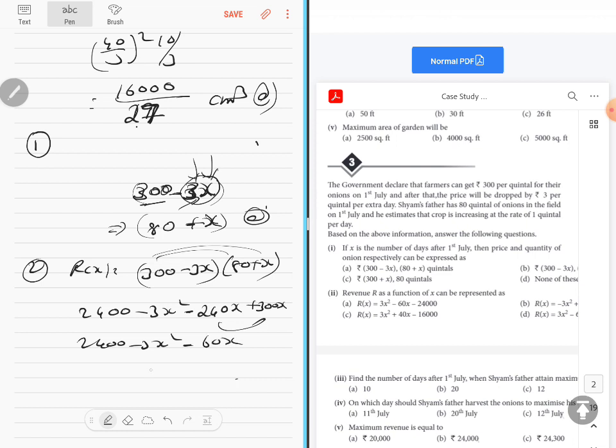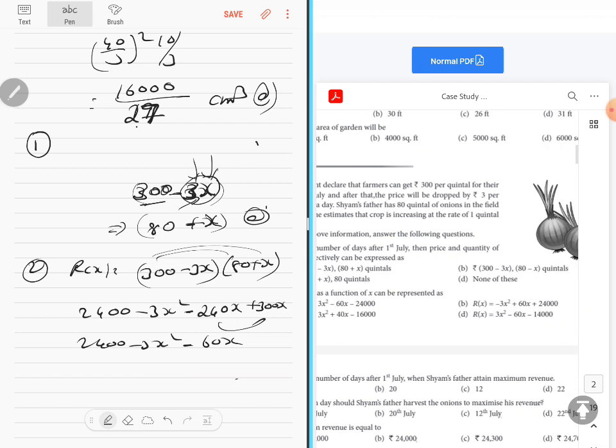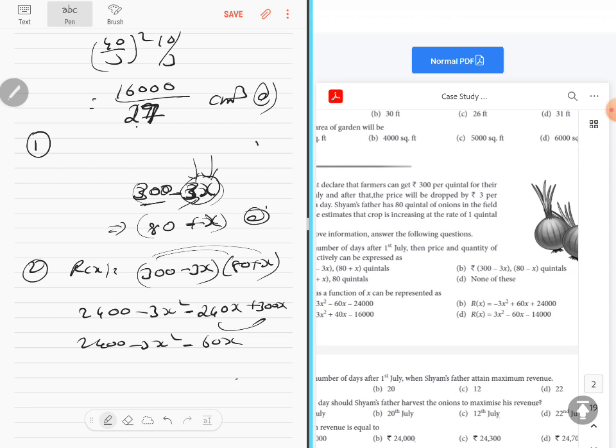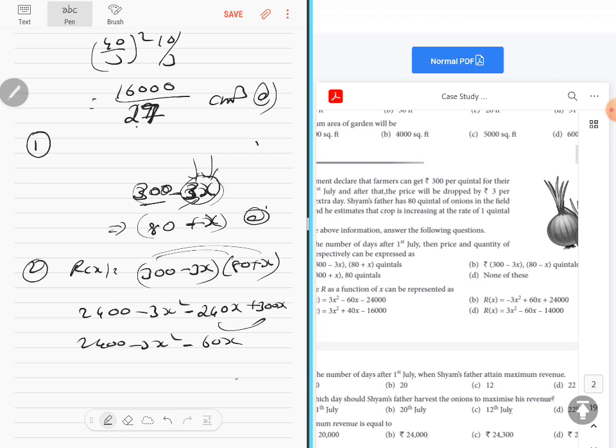So you have a quadratic equation like this. Minus 3x square minus 60x. Do you have this option here? Minus 3x square minus 60x plus 2400. Plus (300 minus 3x) into (80 plus x), minus 3x square plus 300x minus 3x square.